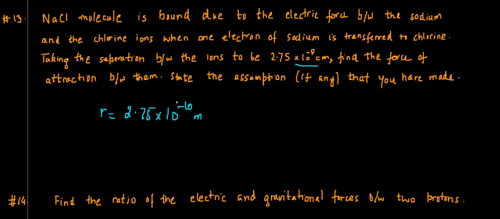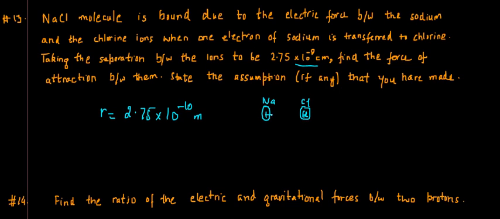So if you consider a sodium atom and a chlorine atom, sodium is an alkali metal. It will lose an electron and therefore become a positive ion, whereas chlorine will gain that electron and therefore become a negative ion.